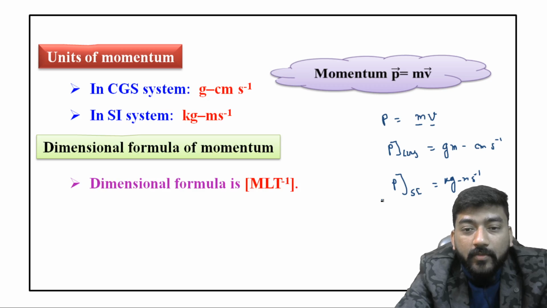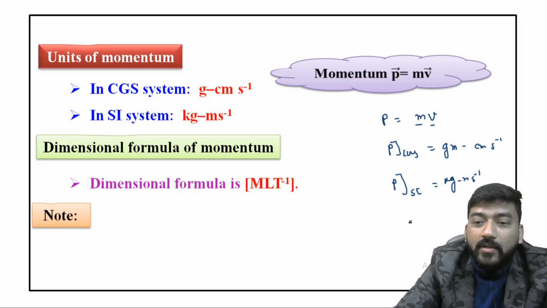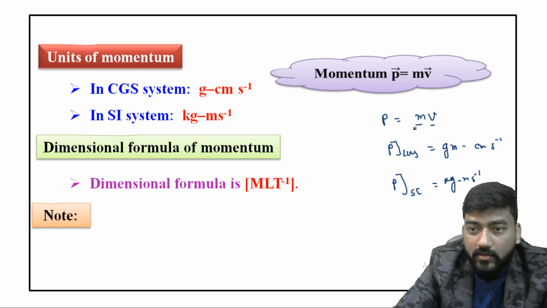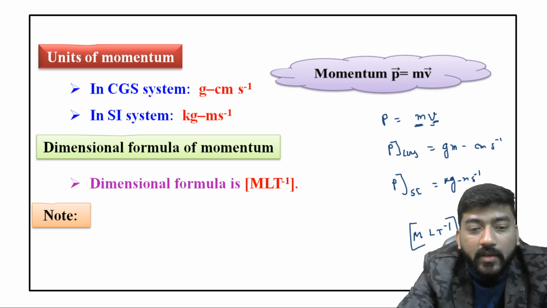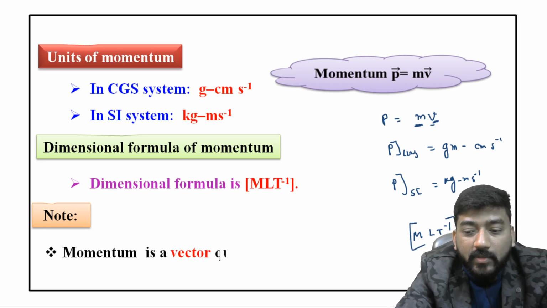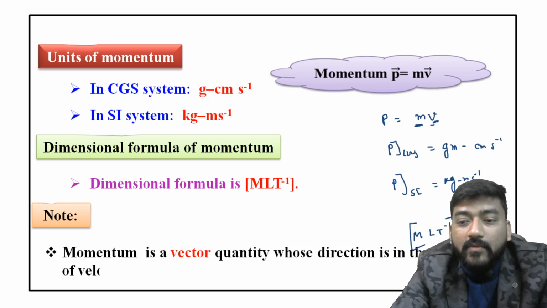And the dimensional formula is obviously M L T^-1, because the dimension of m is M simply, and the dimension of v is L T^-1, so it will be just M L T^-1. And as I have said earlier, momentum is a vector quantity whose direction is always in the direction of velocity.